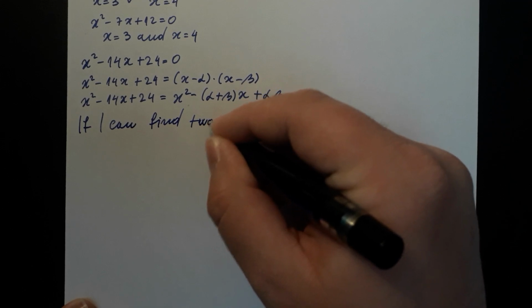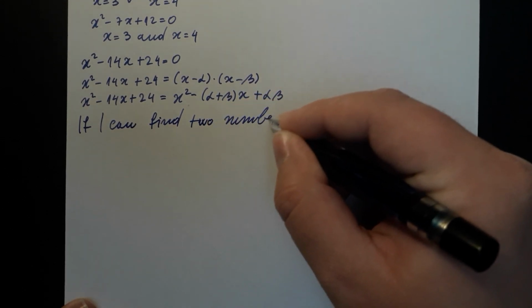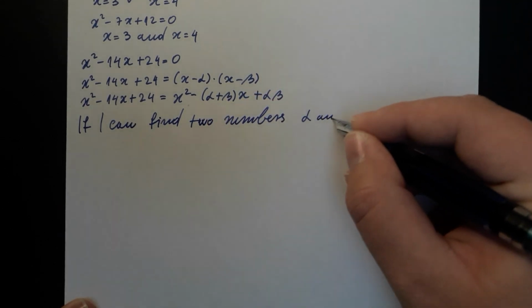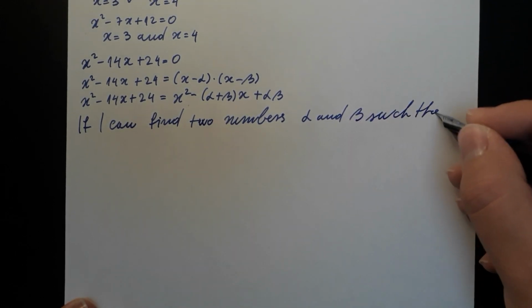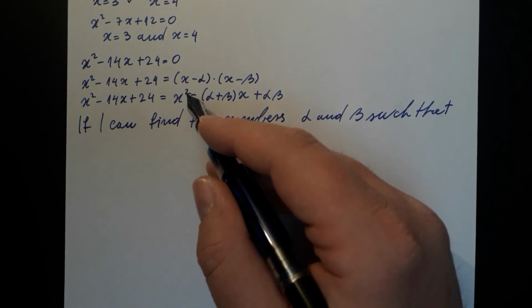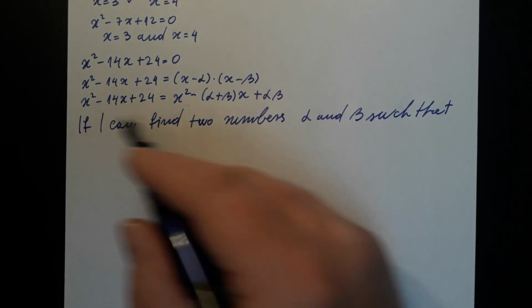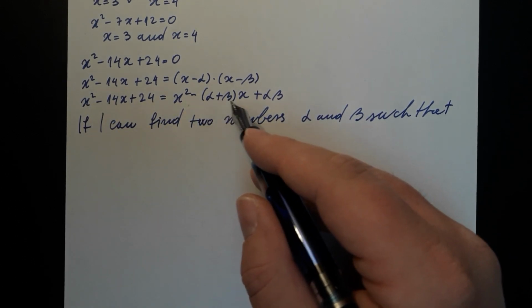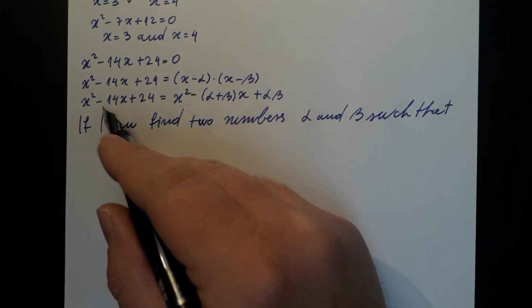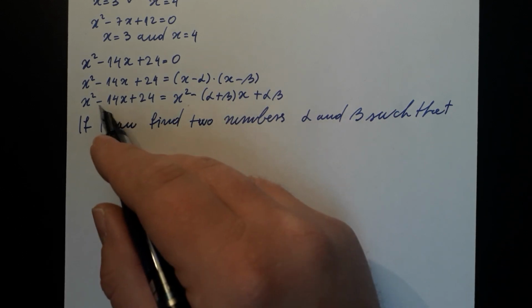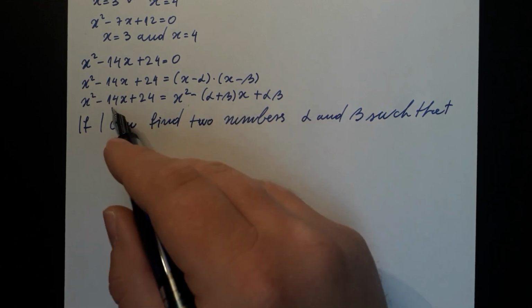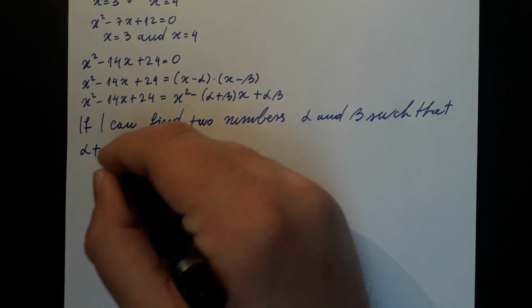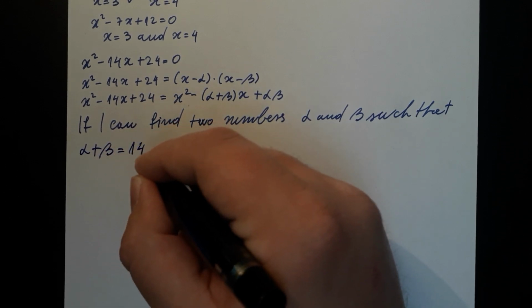So if I can find two numbers, alpha and beta, such that x squared is paired with x squared, minus (alpha plus beta) x is paired with minus 14x, minus and minus, x and x, alpha plus beta is 14.